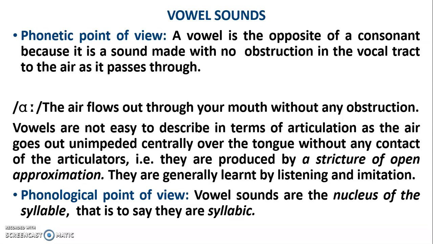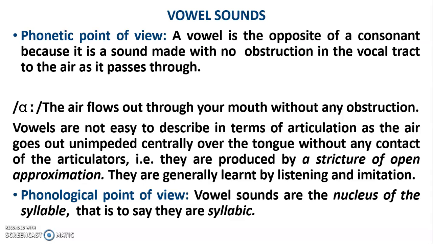Why? Because a vowel sound is the opposite of a consonant sound. It's made with no obstruction in the vocal tract to the air as it passes through. So there's no interruption or obstruction to the airflow. For example, if you say ah, as in car, the air flows out through your mouth without any obstruction.